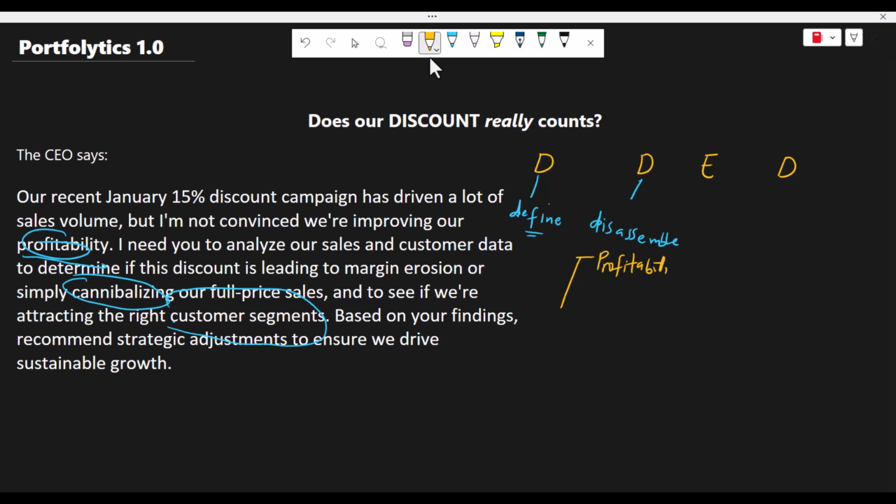Profitability. Likewise, sales cannibalization. And thirdly, the customer segment.